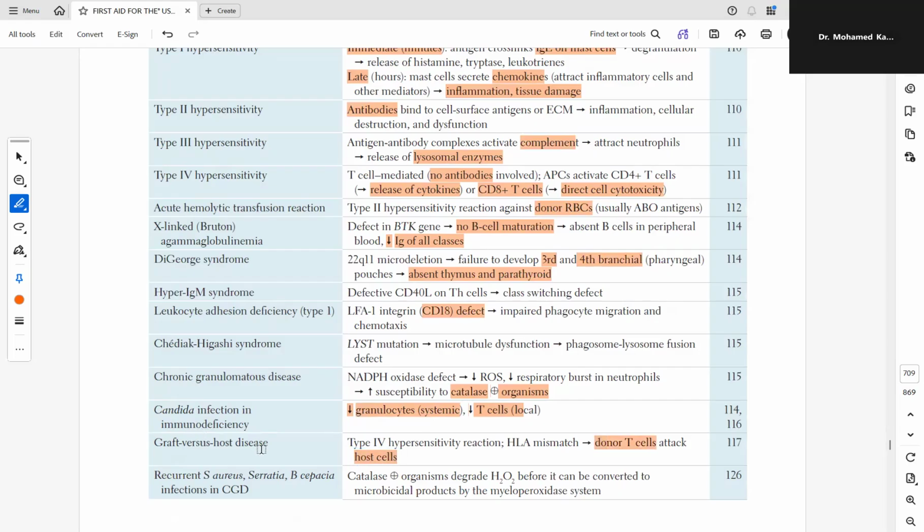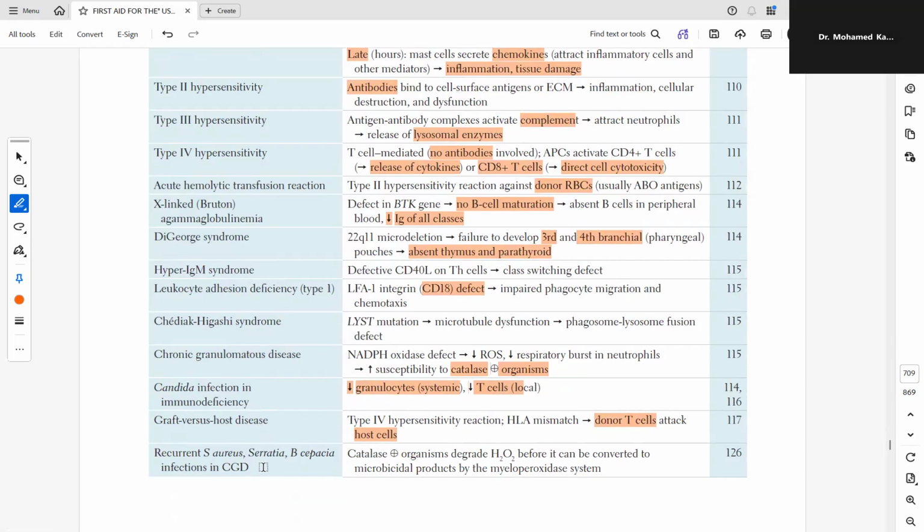That's why it's called graft versus host disease. Recurrent Staphylococcus aureus, Serratia, Burkholderia infections in chronic granulomatous disease. These are catalase positive organisms, they degrade hydrogen peroxide before it can be converted to microbicidal products by the myeloperoxidase system.